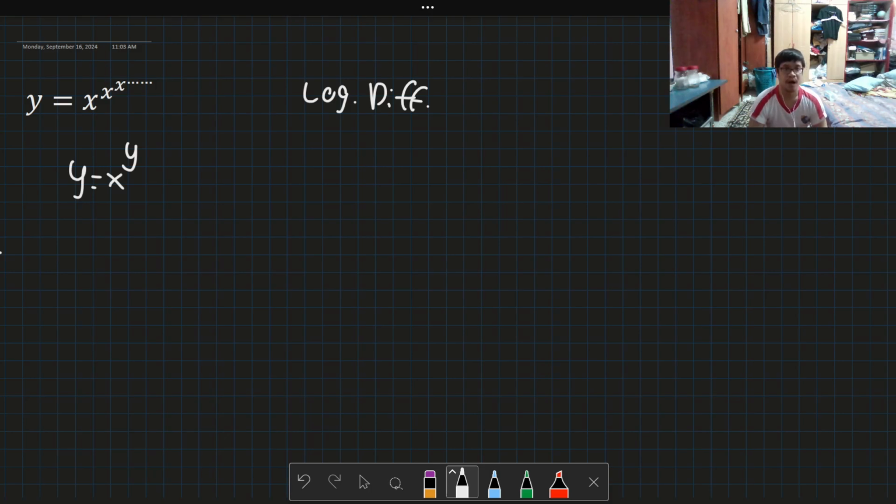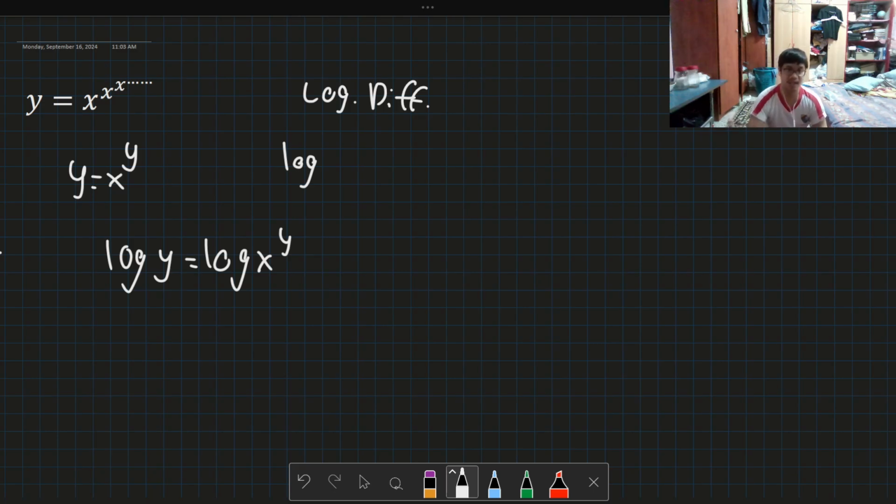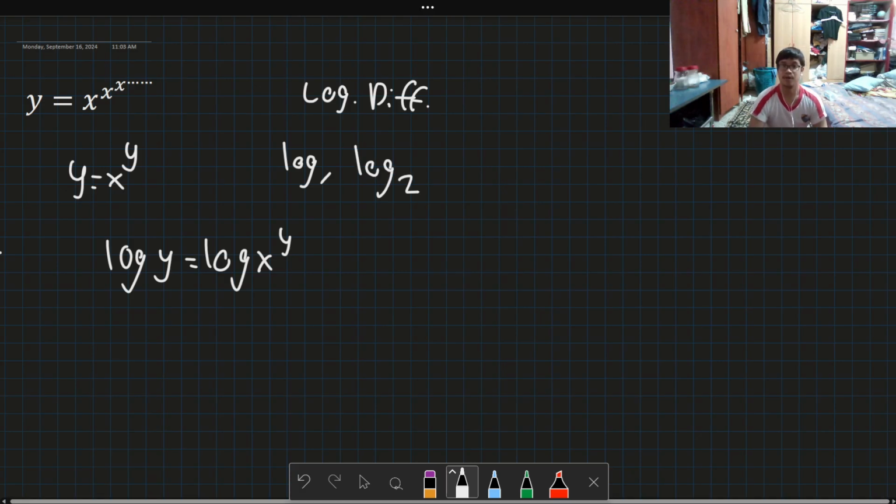For example, I will use the common log, right? So here, I can put the common log on this equation. I will have log of y is equal to log of x raised to y. Or maybe you could use log base 2 instead, so you will have log base 2 of y is equal to log base 2 of x raised to y. But for me, just use ln.